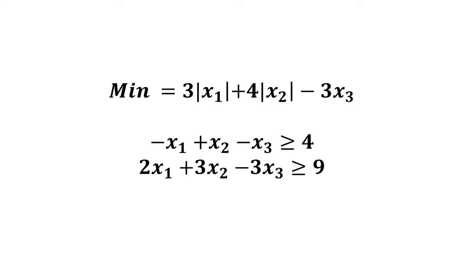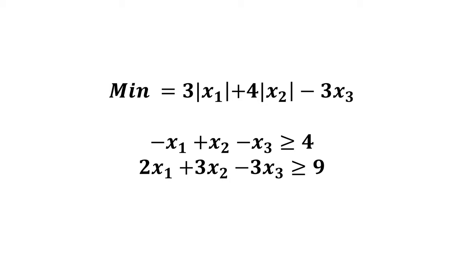Minimize z equals 3 times the absolute value of x1 plus 4 times the absolute value of x2 minus 3x sub 3, subject to the constraints negative x1 plus x2 minus x3 is greater than or equal to 4, and 2x1 plus 3x2 minus 3x3 is greater than or equal to 9.